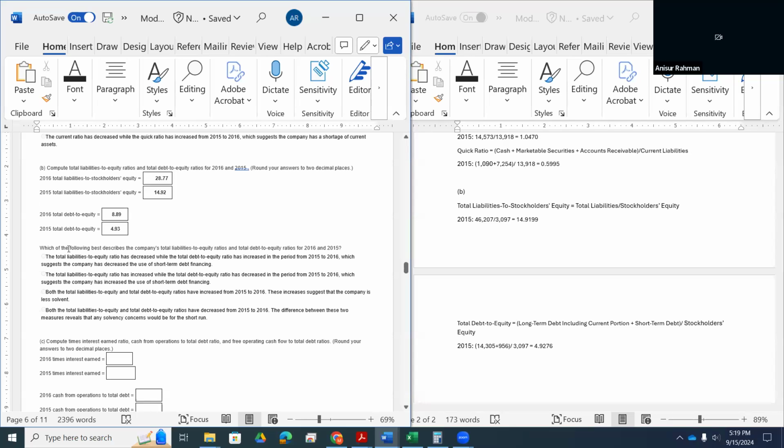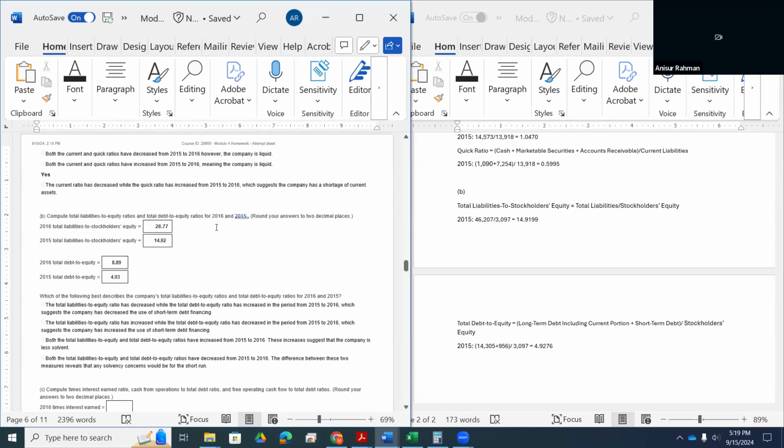Next question is, which of the following best describes the company's total liabilities to equities ratio and total debt to equity ratio for 2016 and 2015? The total liabilities to equity ratio has decreased. Total liabilities to equity ratio has actually increased, so that is not true.